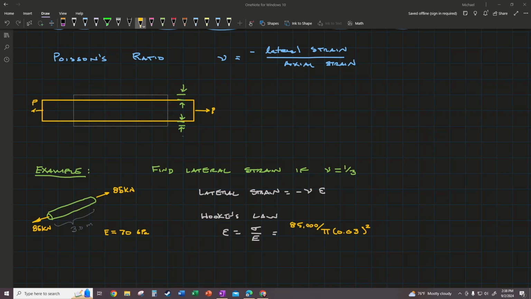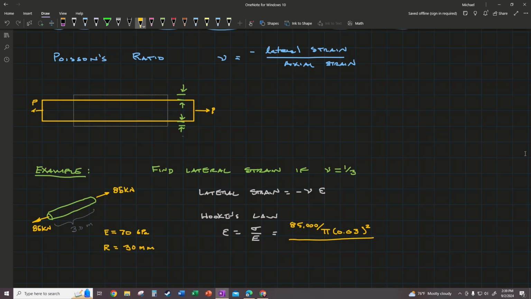So for the stress, we have 85,000 newtons divided by pi r squared. And for r in this, let's say that the radius is given as 30 millimeters. So that's our axial stress.